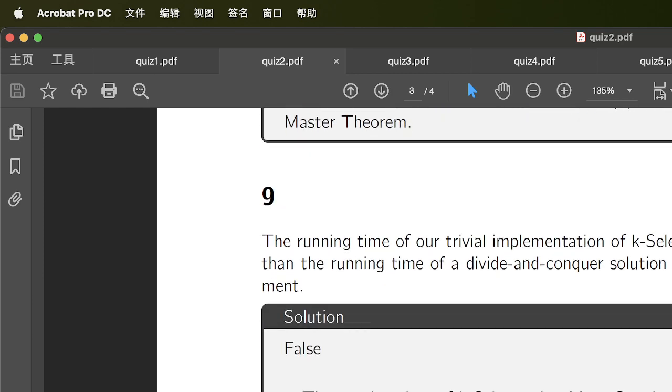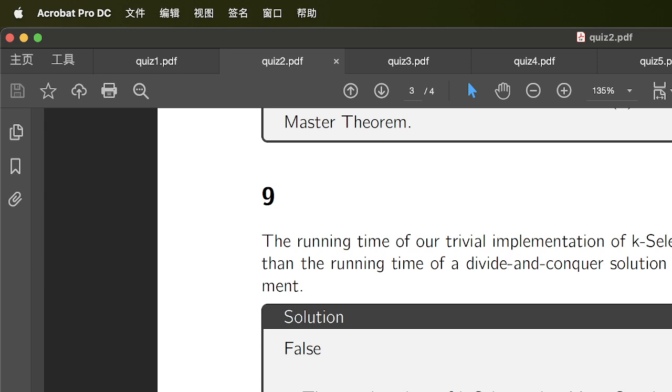Okay, number 9. The running time of our trivial implementation of k-select using merge sort is always slower than the running time of a divide and conquer solution that randomly selects the pivot elements. So the answer is false, because the running time of k-select using merge sort, as we mentioned before, is n log n, and in the worst case, the divide and conquer solution would take theta of n squared.